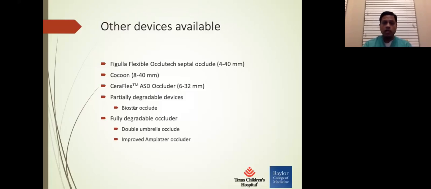There are fully degradable occluders which are under research, where the material completely resorbs inside the tissue in a year or so, and there's nothing left besides the endothelium which covered this device. So they are an exciting prospect, but there have been some concerns of fragmentation of the material causing stroke, and they have not been completely in clinical use yet. They're still under research phase.